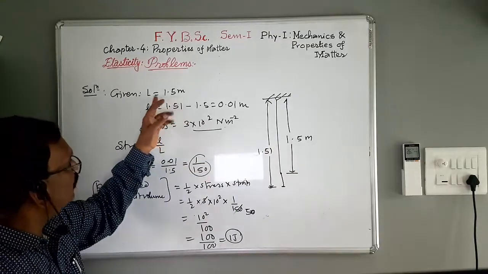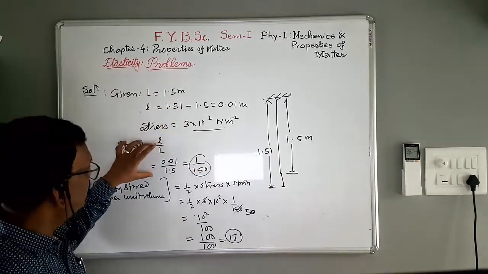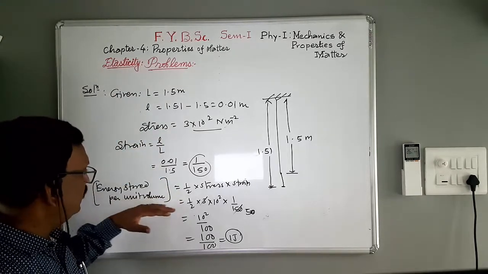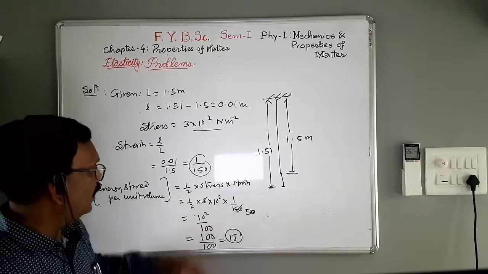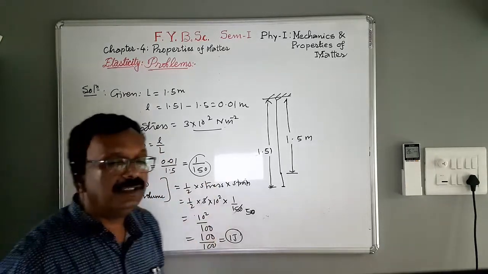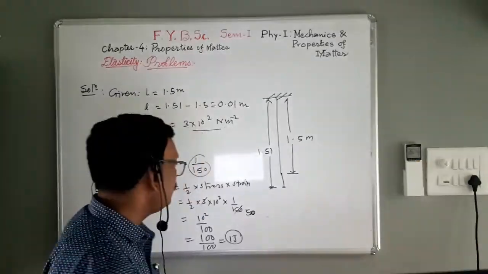From these two quantities we obtain the strain, and then we can calculate the energy stored per unit volume. The formula for that is 1/2 stress into strain. Simply put the values of stress and strain, and you will get the answer 1 joule.